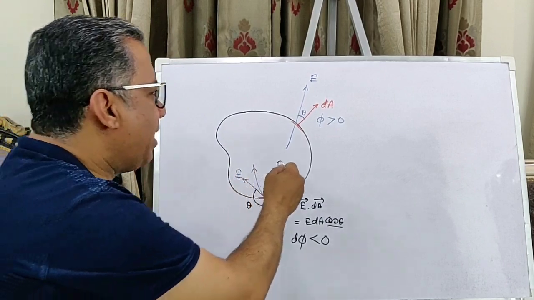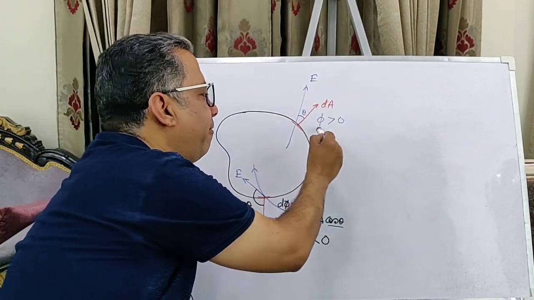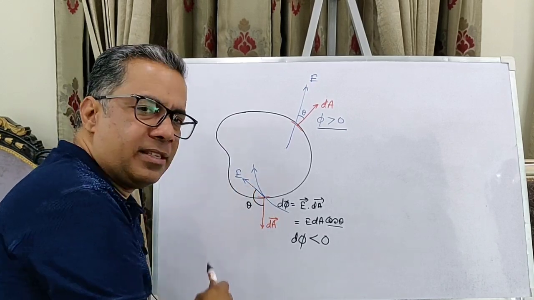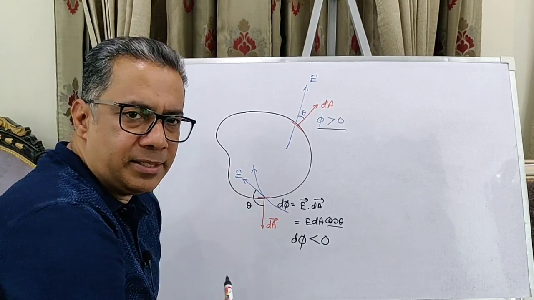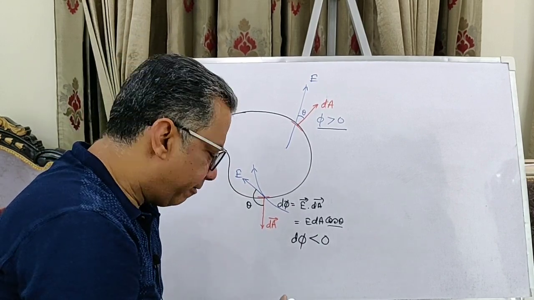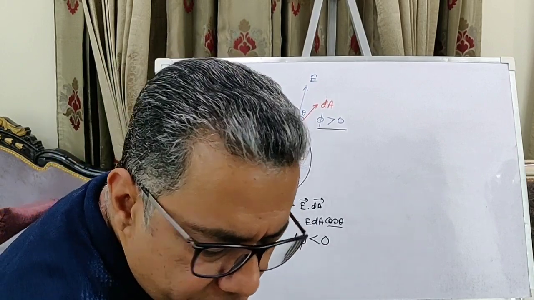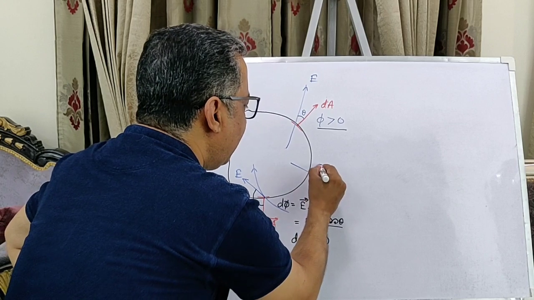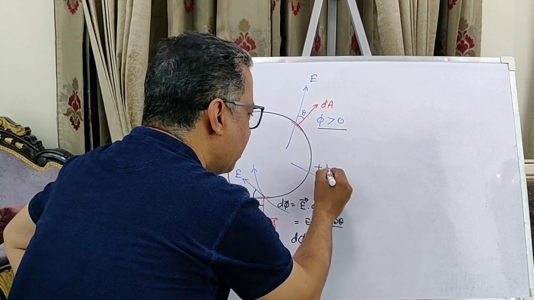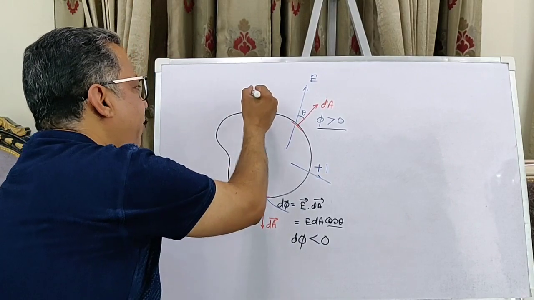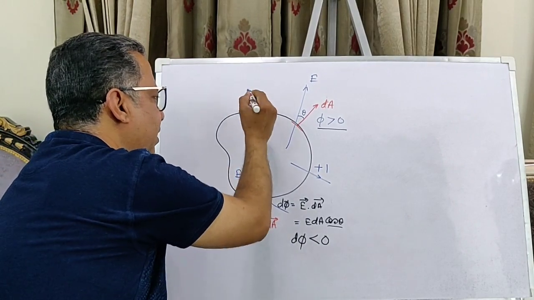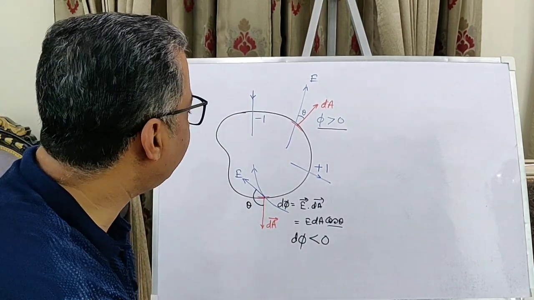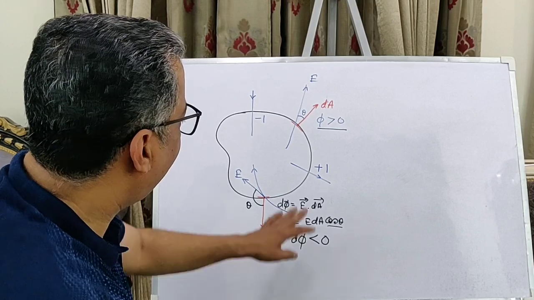So when electric field lines are coming out of a surface, flux is positive. When electric field lines are entering a surface, flux is negative. If you have an electric field line coming out of the surface, its contribution to flux is +1, and when an electric field line is entering a surface, its contribution to flux is -1.